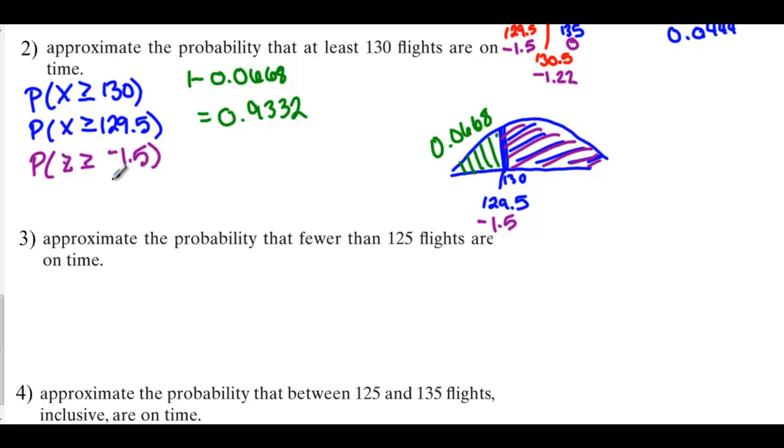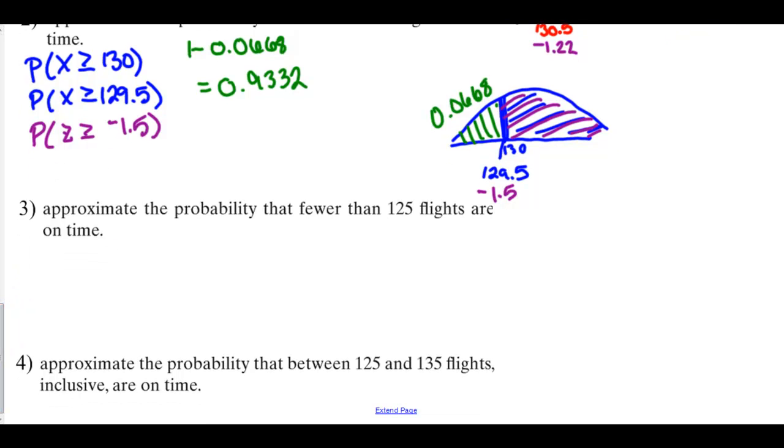All right, for number 3. So the probability that we have fewer than 125 flights. What symbol is fewer than? Yeah. So less than 125.